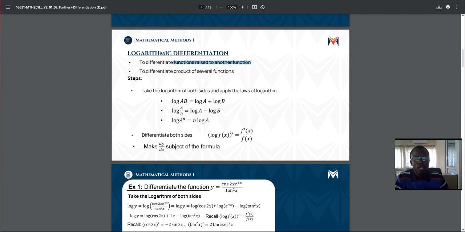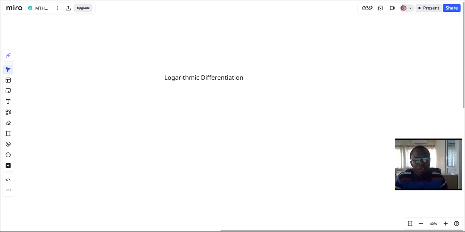Also, if you have a product of several functions to differentiate, let's say you have y is equal to 2x cos x sin x. 2x is a function, cos x is a function, sin x is also a function.